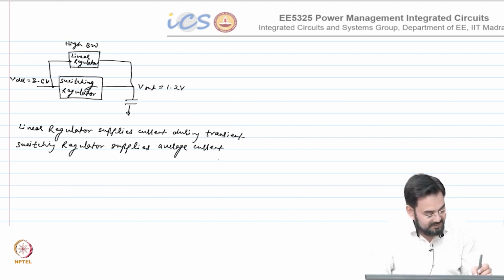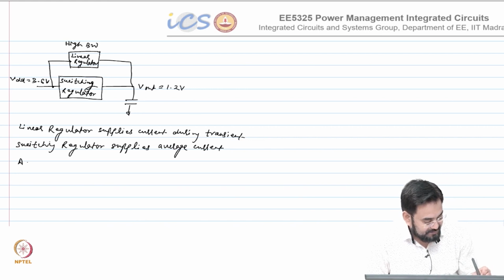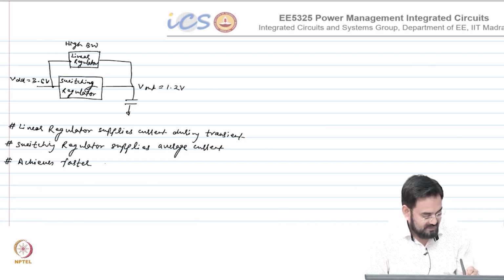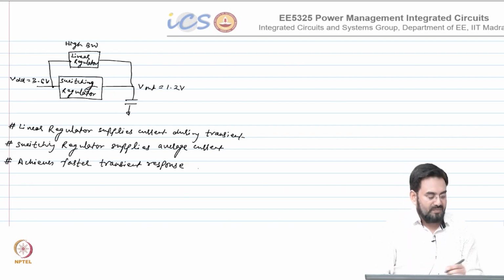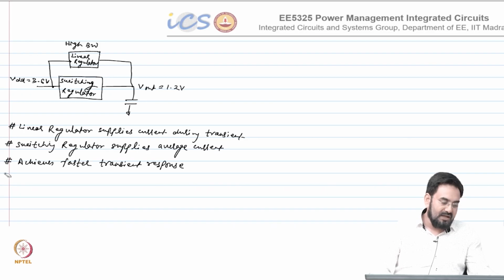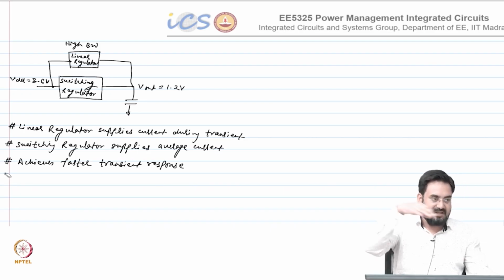So, the advantage is it achieves faster transient response. So, in your cell phone there are two cases, like one current from the battery will be drawn as a steady state current or average current.